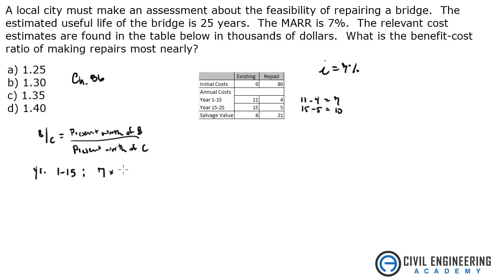And we have to multiply that. And if you remember how to do this, this is your economics. So we have to find the present value given an annual value. So we're saving $7,000 per year for years 1 to 15 that are a benefit to us if we repair it. So that's going to last for 15 years at 7% interest.